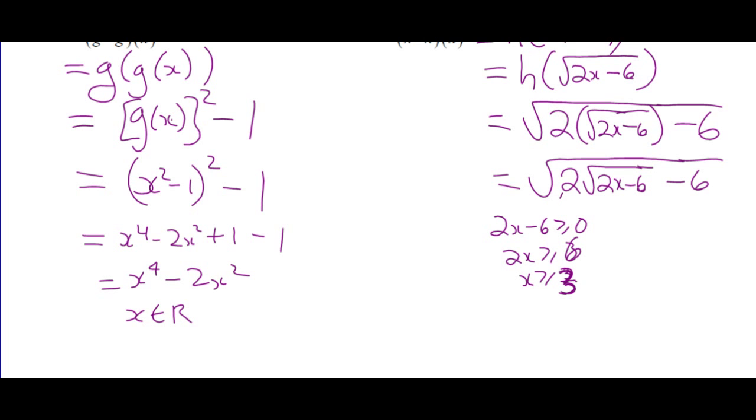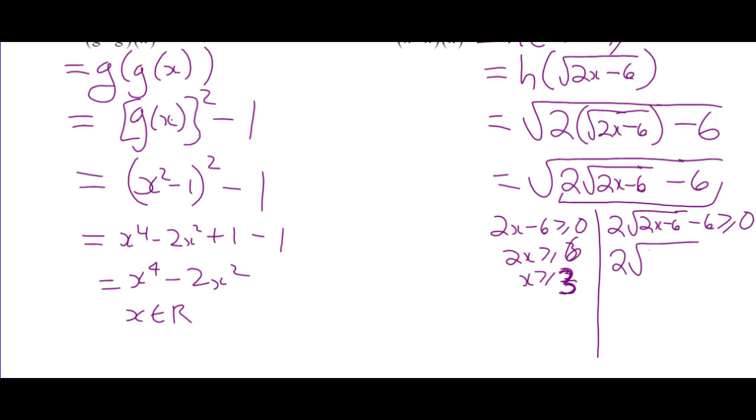But then this has to be greater than or equal to 0 as well, because it's underneath the radical sign. So 2 times the root of 2x minus 6 has to be greater than or equal to 0.